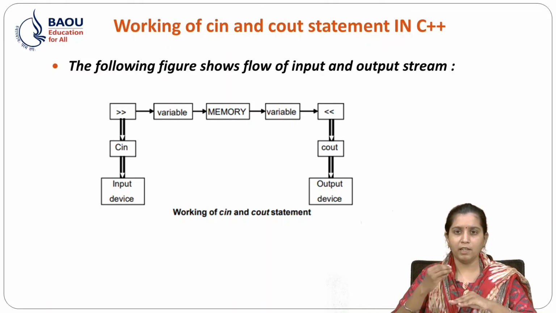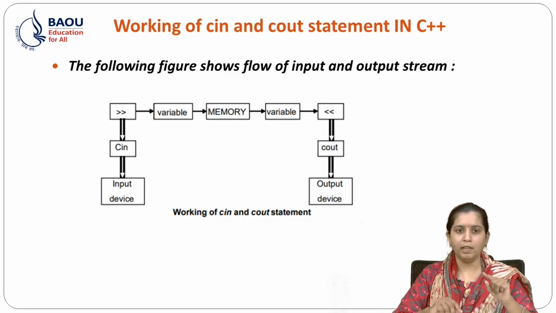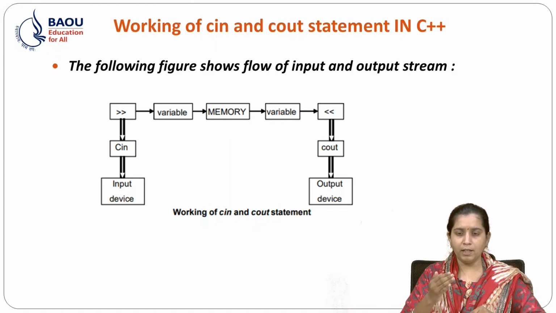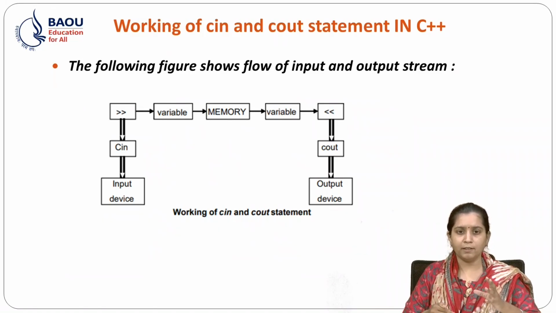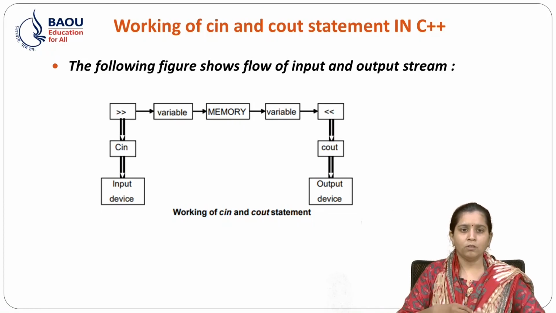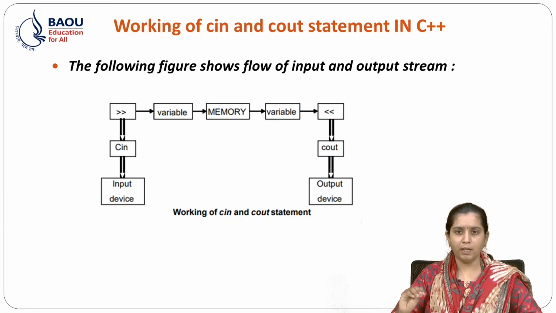Working of cin and cout statements in C++. For example, the input device. What is the input device? Keyboard. If we write anything on the keyboard, the cin object will initialize and then the variable is stored in memory. And when we write the extraction operator, variable and then the cout object, then we get the output.